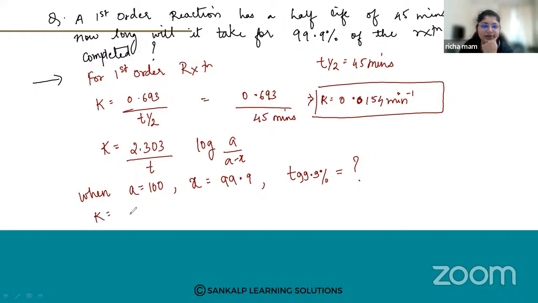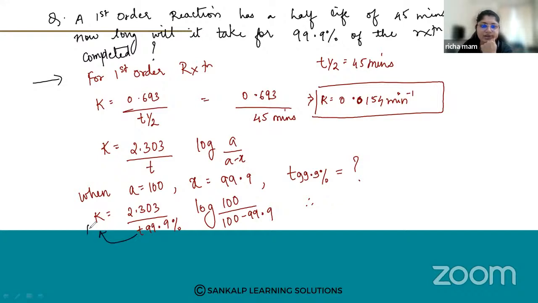So K will be equal to 2.303 by T of 99.9%, log of the initial concentration 100 by A minus X, which is 100 minus 99.9. We have got the K also, so let us substitute the K value here.